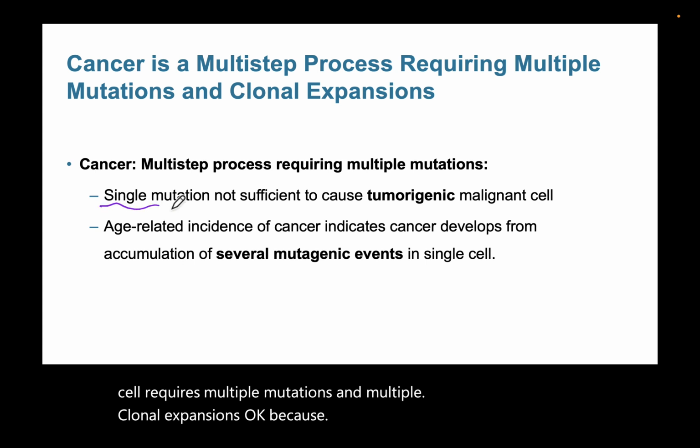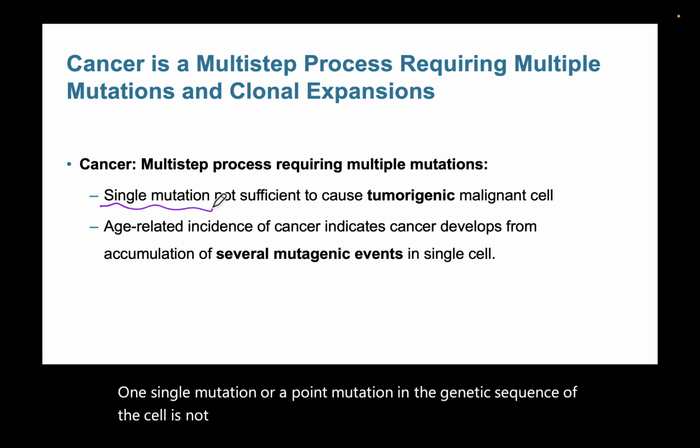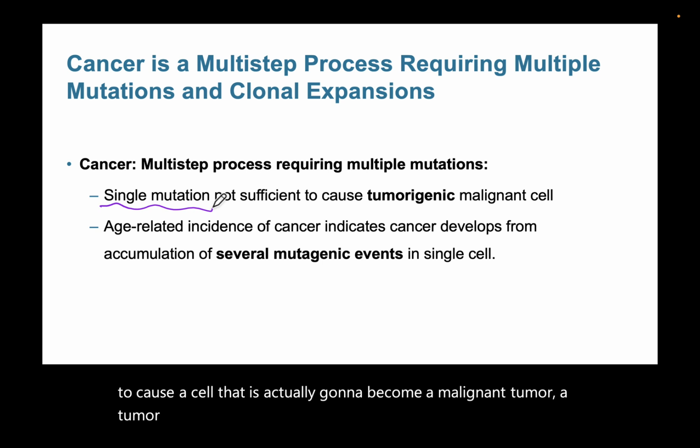Because one single mutation or a point mutation in the genetic sequence of the cell is not enough to cause a tumorigenic malignant cell, a cell that is actually going to become a malignant tumor, a tumor that will be life-threatening.